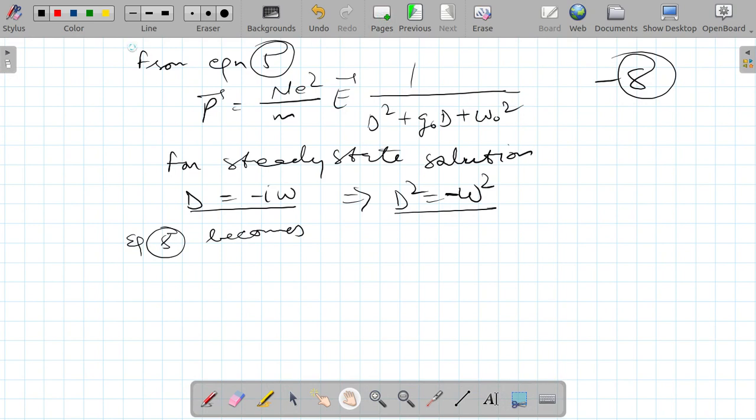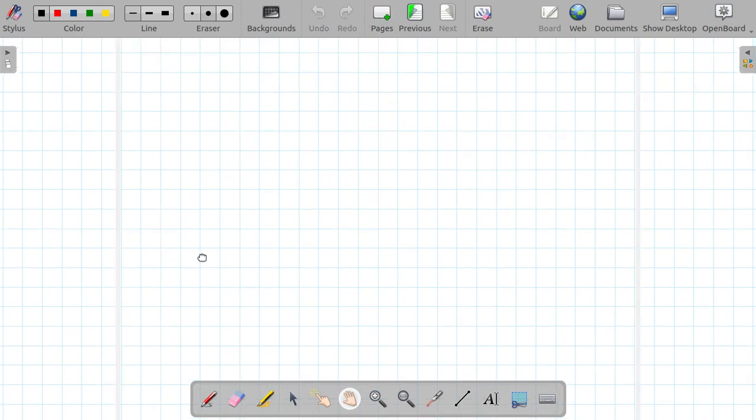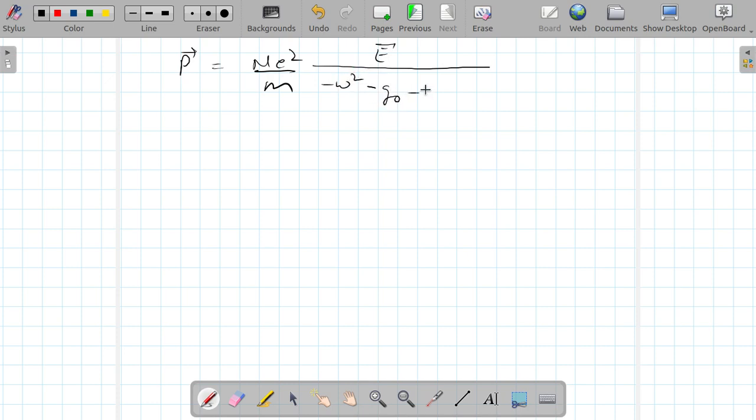this P is equal to Ne²/m E vector divided by (minus omega square minus iota g₀ omega plus omega naught square).